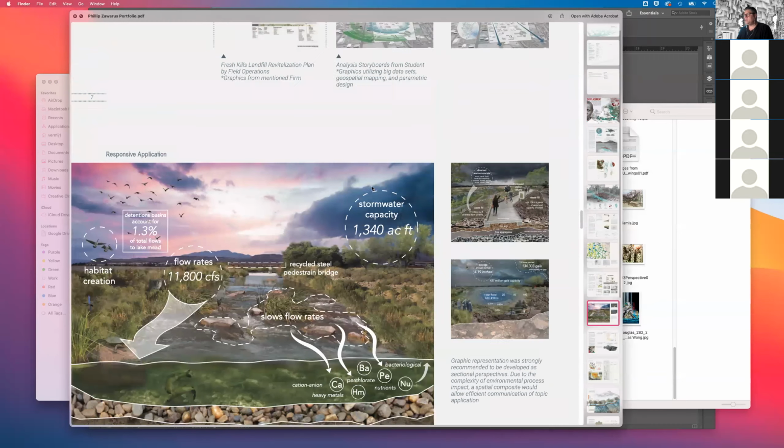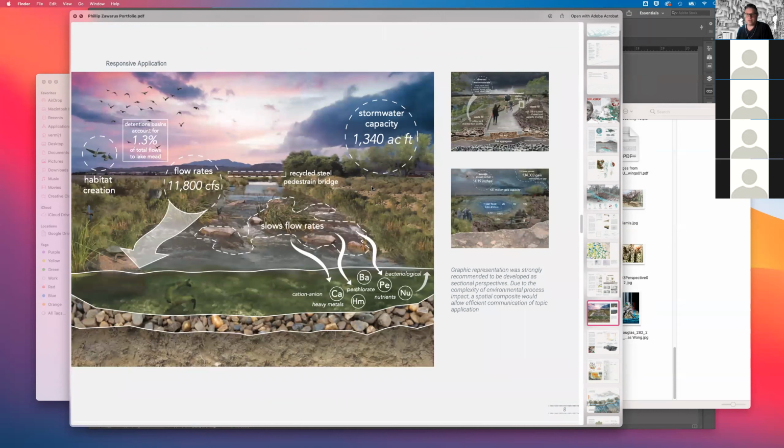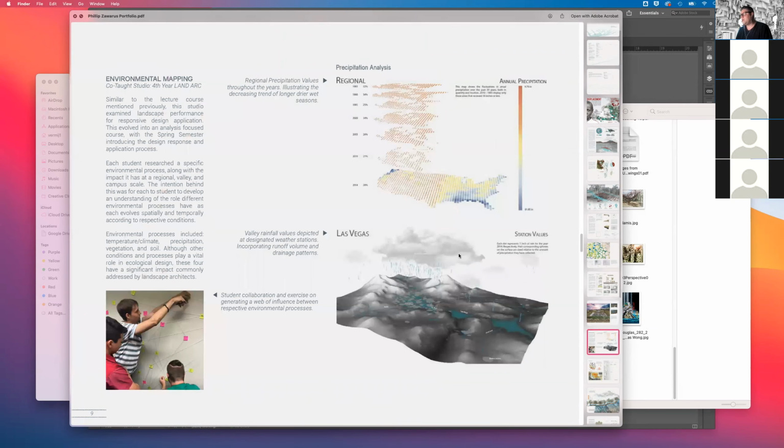So the idea is, how do we capture stormwater and let nature sort of filter it for us, rather than just letting it flow and capture more contaminants along our streets into a storm drain, channel it down to the lake, and then we have to treat it big time with chemicals, right?